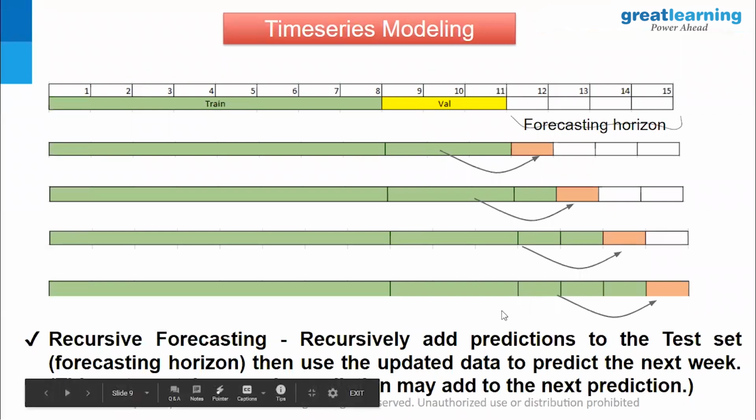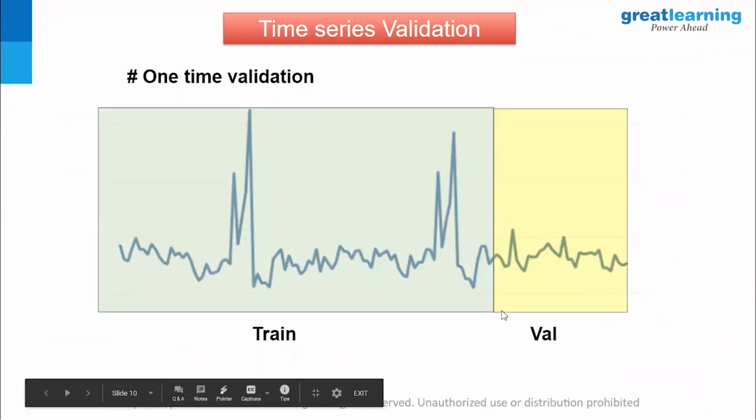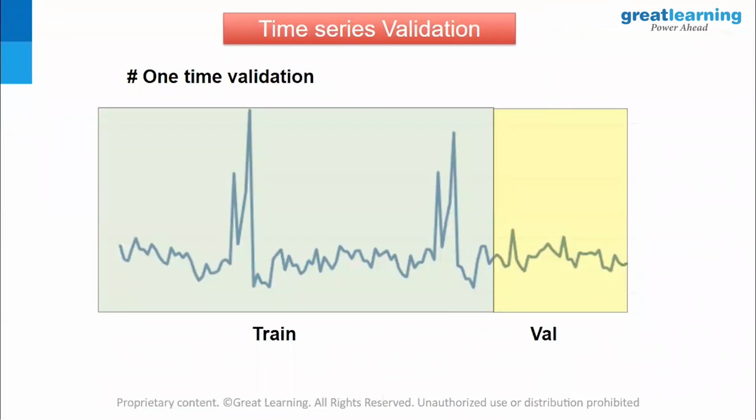So let's move on. Now, in the previous slide, we looked at the train and the validation, right? And based on that, we scored the model and looked at the performance. So it could be RMSE, root mean square error, or it could be MAPE, mean absolute percentage error.